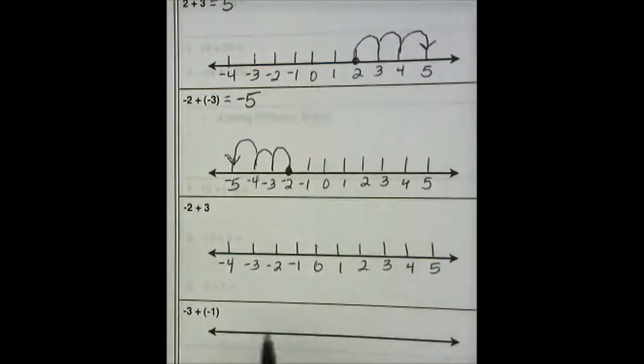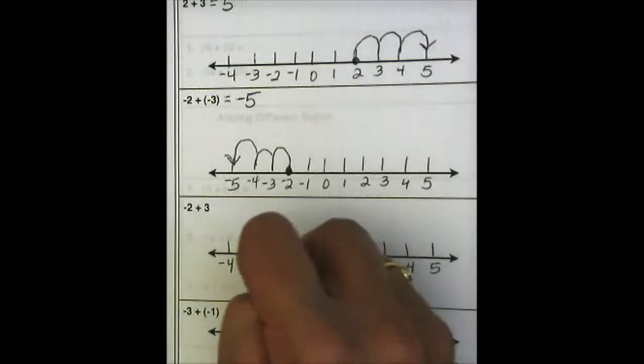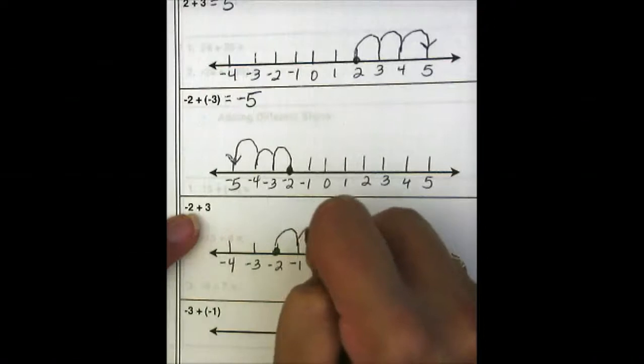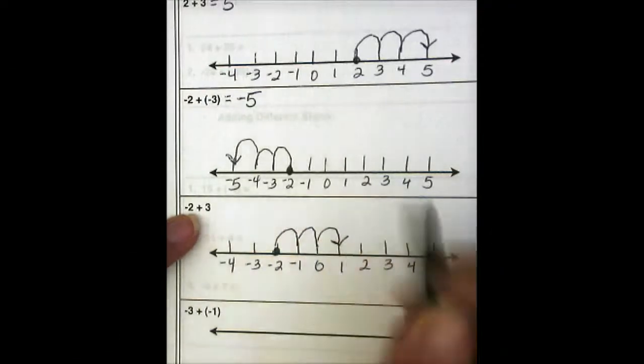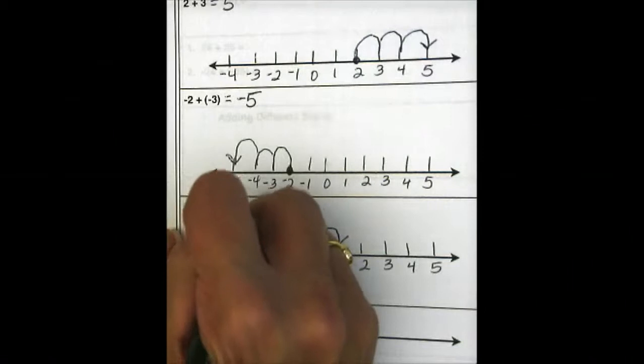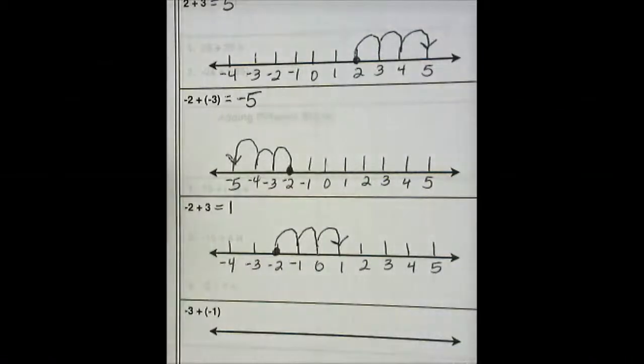This time, we're going to start on negative 2, and because we want to add a positive 3, we're going to move to the right, so 1, 2, 3 to the right. So negative 2 plus positive 3 equals 1. For some of you, it will be helpful to have number lines with you so that if you're having a difficult time with the rules themselves, you can use the number line, or you can at least think about the number line to see if that will help you.